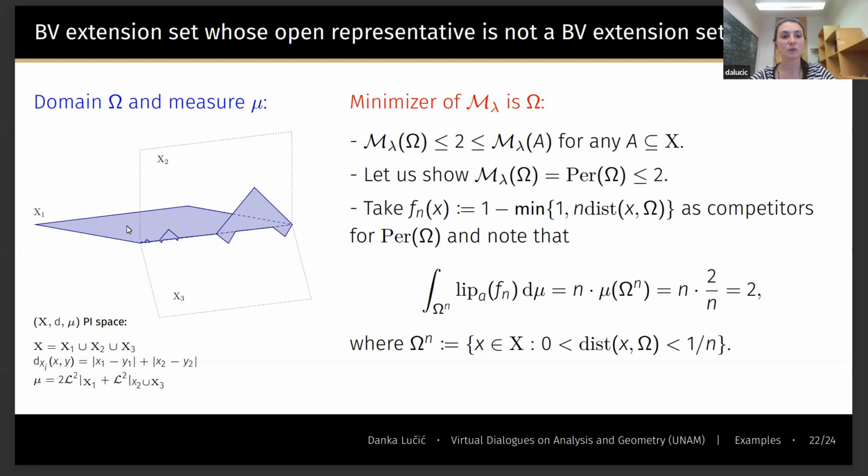And the distance we are putting on the space is just the Euclidean 1 norm on each of the planes. And the measure is twice the Lebesgue measure on this square x1 and just the Lebesgue measure on the other 2.